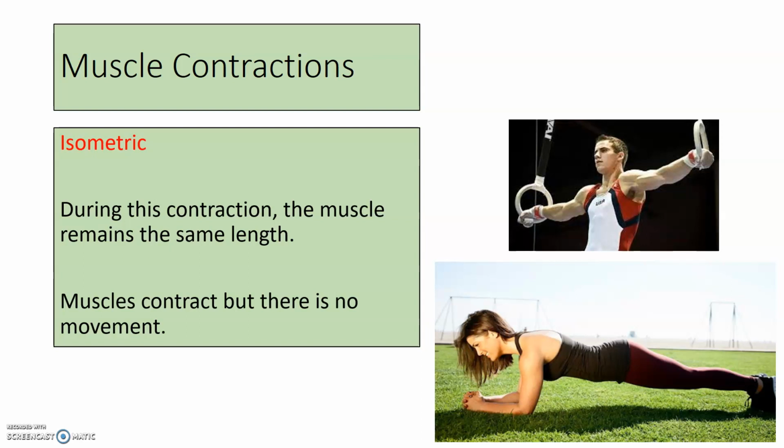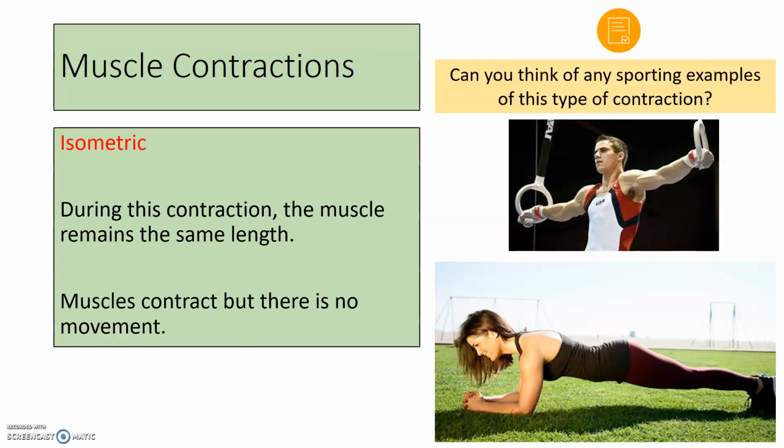The abdominals are contracting, they're working during that plank phase. As well as the deltoids will be working, as well as the latissimus dorsi will be contracting and working during that crucifix position of the gymnast. But there's no movement as such. Okay, so that's isometric contraction.